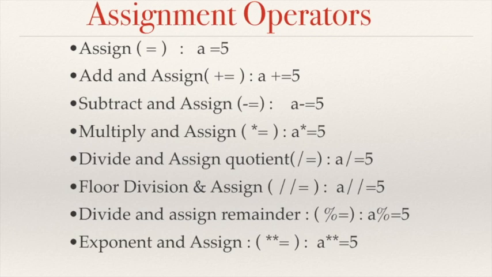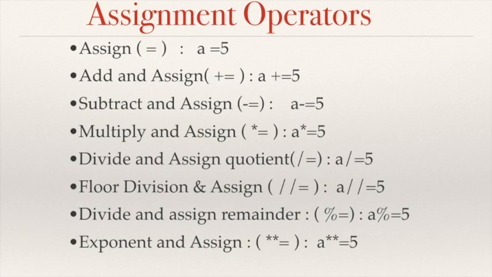The same thing can be written as a equal to a plus 5. So we can expand this shortcut notation a plus equal to 5 as a equal to a plus 5. Similar is the explanation for the rest of the assignment operators, like subtract and assign, divide and assign quotient, etc.